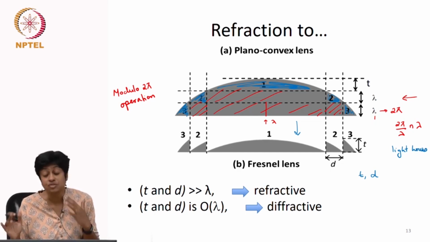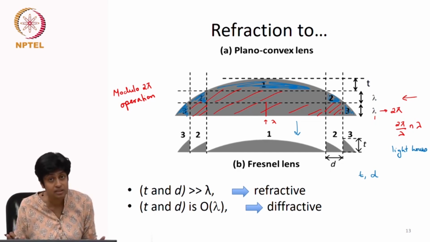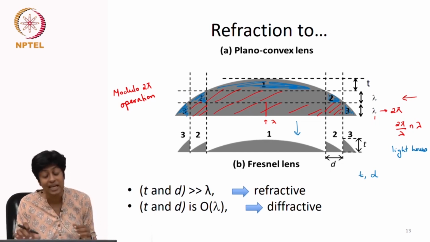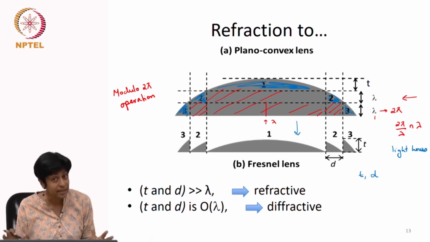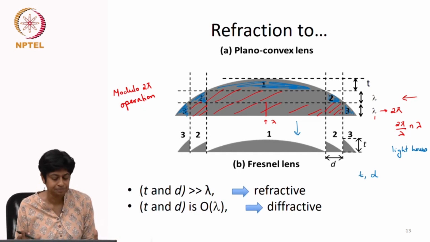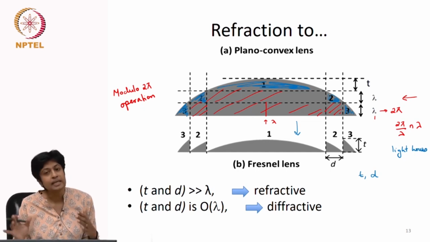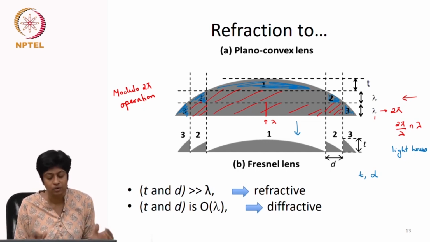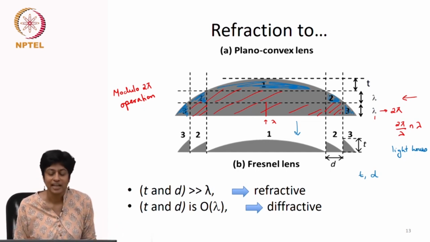So the very first Fresnel lenses were refractive Fresnel lenses, because T and D were still very large, much bigger than the wavelength of light, but you could reduce the bulk of the material. If T and D now start becoming the order of the wavelength, then they become diffractive lenses.